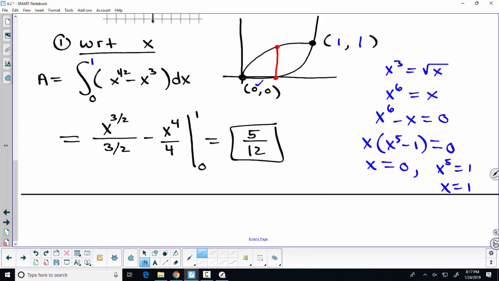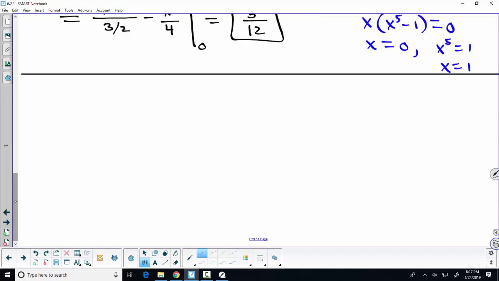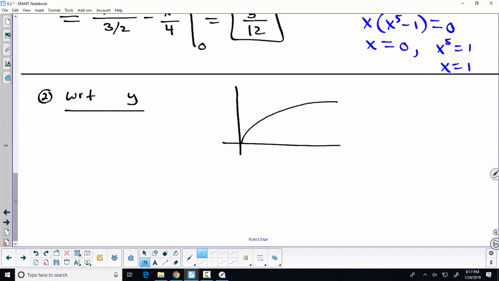Still have any questions on that? Sorry, I wasn't able to fully get around and see everyone's. Okay, same region with respect to y. With respect to y, now our rectangles run from right to left.